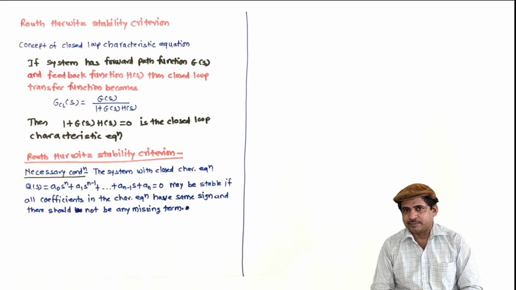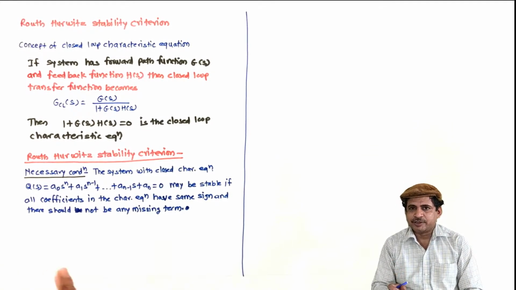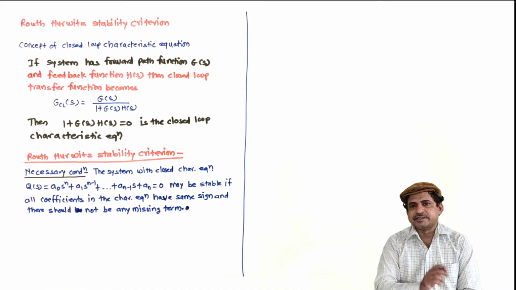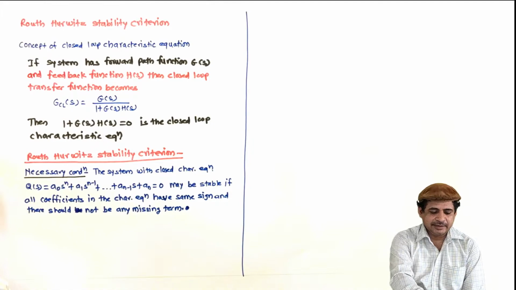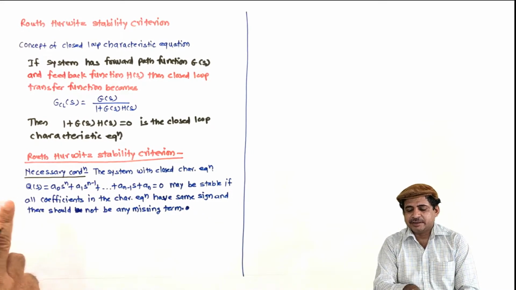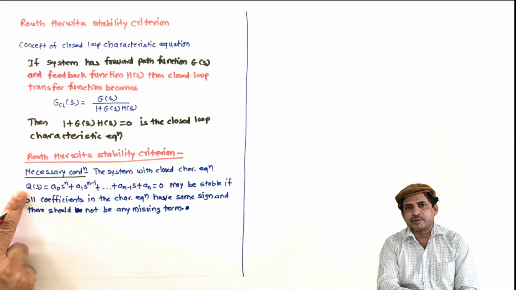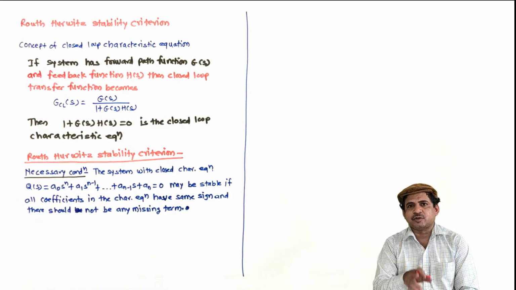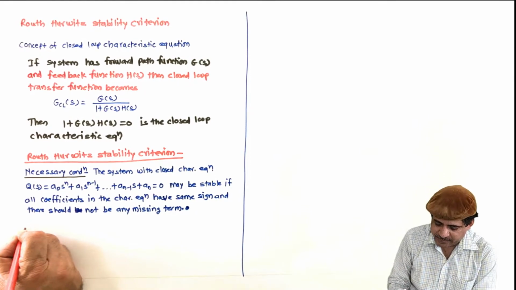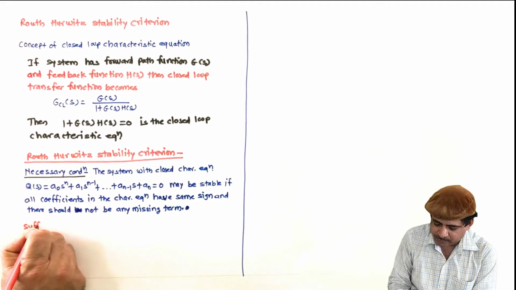So none of the terms like s square, s cube, and so on shall be missing. So all terms shall be present and the coefficient of every term must have the same sign. This is the necessary condition. This was developed by Hurwitz, and hence a polynomial satisfying this condition is also called a Hurwitz polynomial. Then the next is the sufficiency condition developed by Routh.